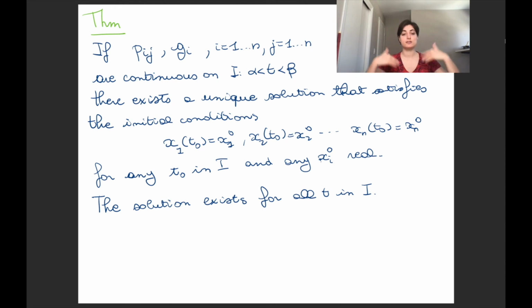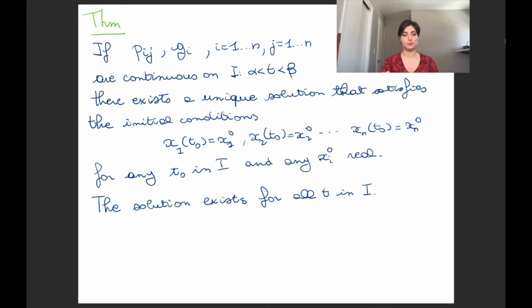So this is the stretching to systems of the existence and uniqueness theorems that we already have for linear ODEs. If the situation is linear and all your functions are continuous on an interval, then you have existence and uniqueness on that interval.